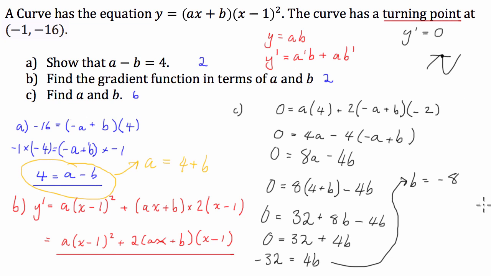Cool, so now we have our b value, b equals -8. And then from that, we can just go straight in and calculate our a value. We know that a is equal to 4 plus b, so a is going to be equal to 4 plus -8, which is -4.